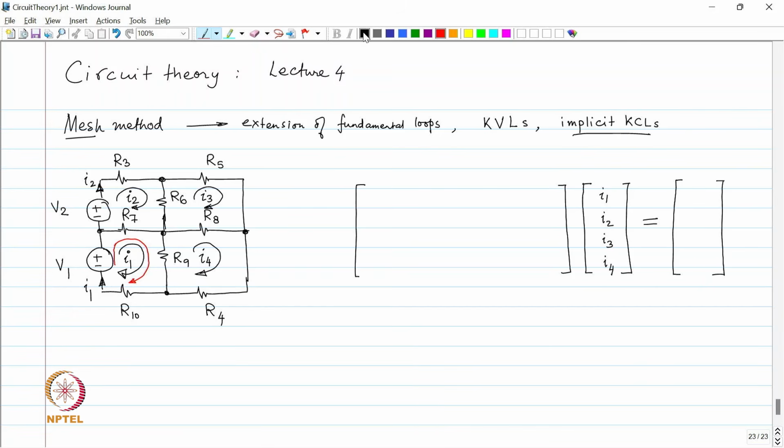Very good. So, let us write it up. First, I am going to do the voltage source. Minus V1 is the drop, and minus V1 I will move to the right hand side and write it as plus V1. Then I have I1 minus I2 into R7.